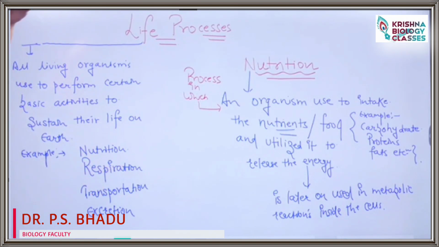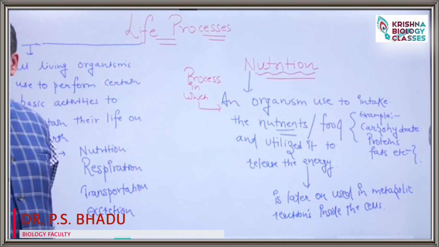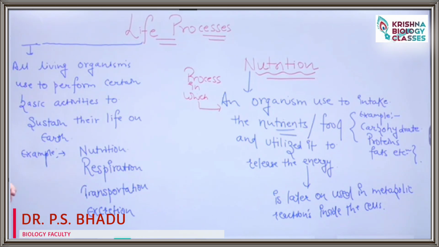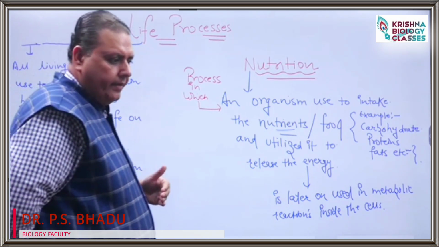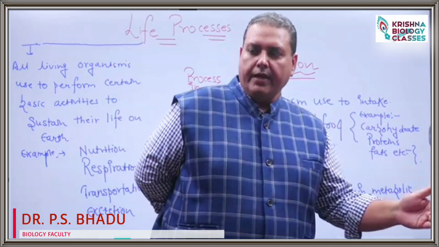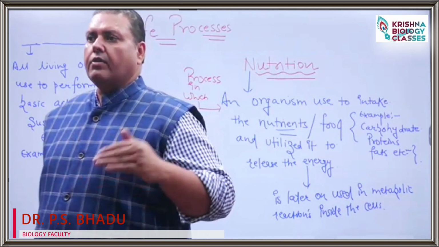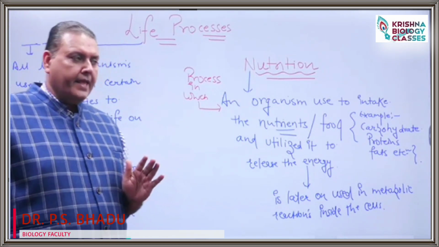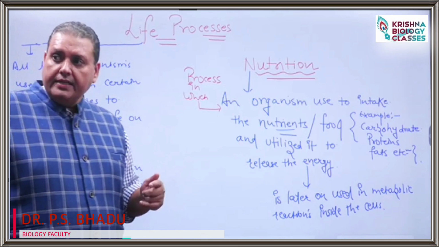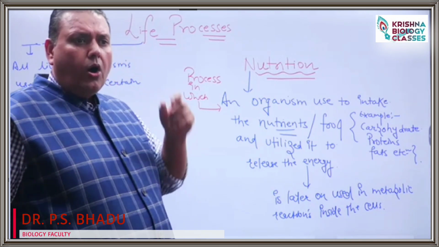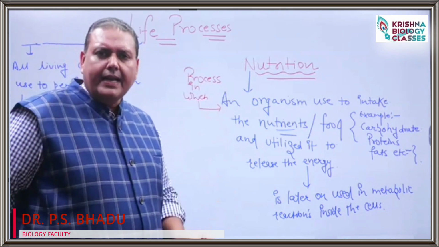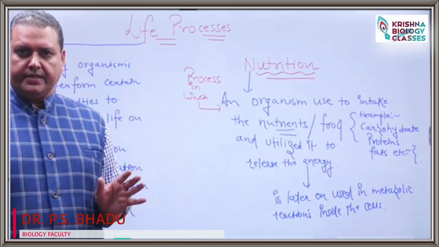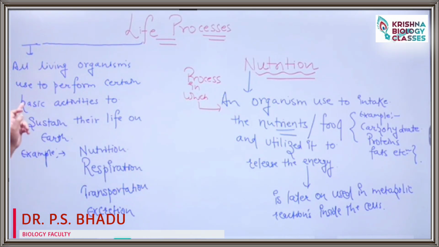Now, when we define the term life processes, we say that now we are able to identify whether the object is living or non-living. If the object is able to give response, we will say that this is a living object only. And that living organism always performs certain activities on a day-to-day basis, the activities performed by the living organism to sustain their life on earth.